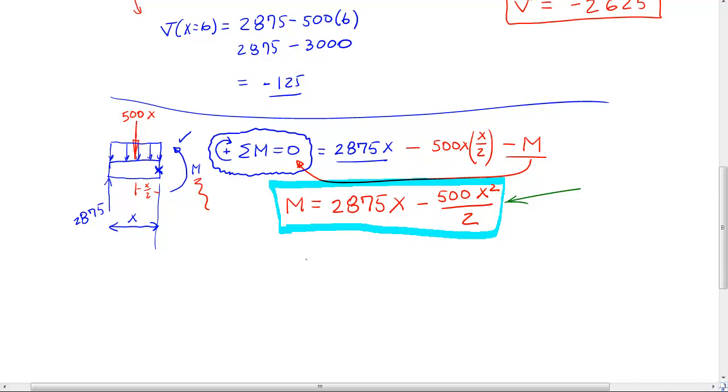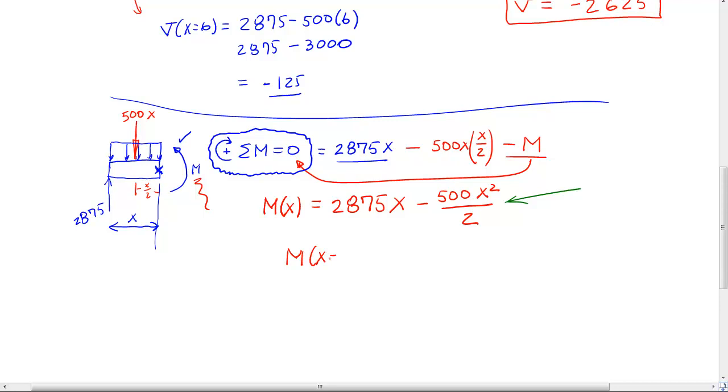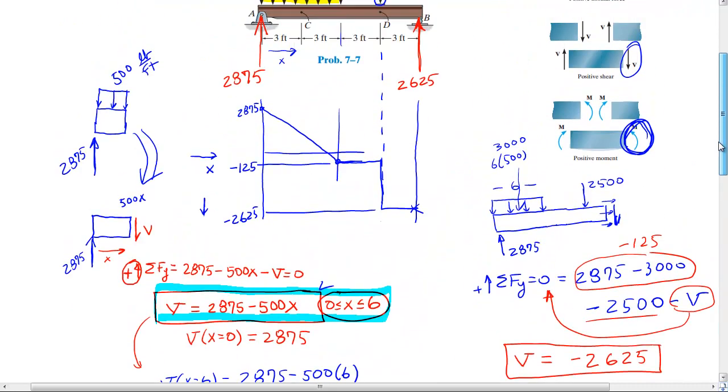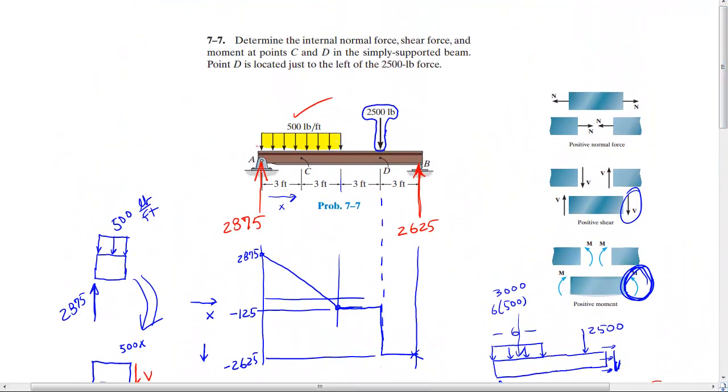But before we do that, let's make some observations here. I'm also going to change this. Say this is M as a function of x. Well, if I put in x equals 0, guess what I get? Moment of 0. Makes sense. This end of the beam is not cantilevered. That's the only way you can get a moment on the end, or you put a moment on the end.